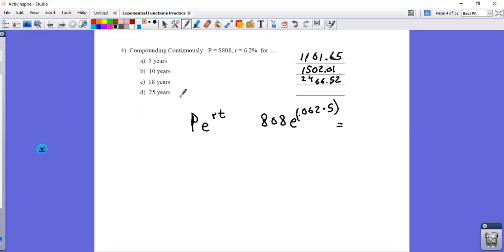And change it to 25, 3806.87. So yeah, you're just changing that time. Everything else would stay the same for those.